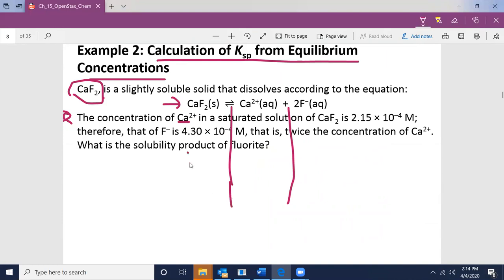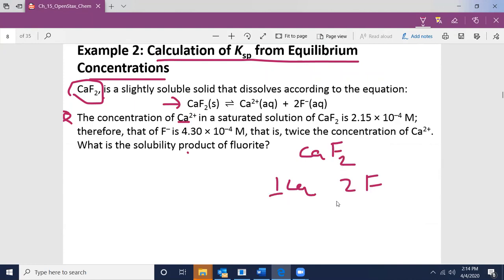And if I go by I, C, and E, do I need to do that? No, I do not even need to go through the ICE chart here, right? Why? Because the concentration of one of those is given already. So the concentration of calcium is given, and you know calcium fluoride, when it separates, CaF2 separates into 1 mole of calcium and 2 moles of fluoride.